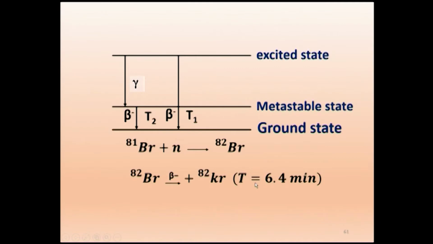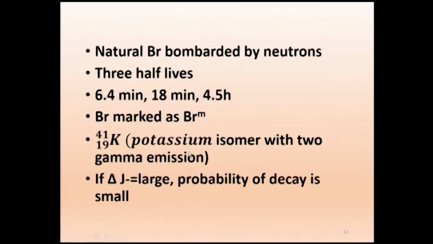Therefore, when natural bromine is bombarded by neutrons, we get 3 half-lives, namely 6.4 minutes, for the latter case we saw, and 18 minutes and 4.5 hours are due to the isomeric transitions. So altogether we get 3 half-lives.